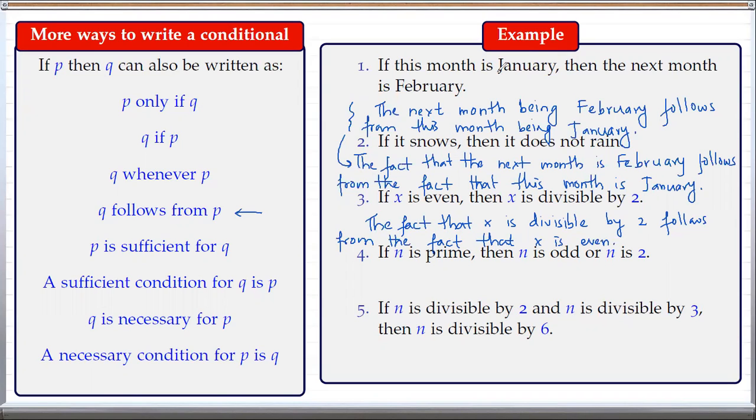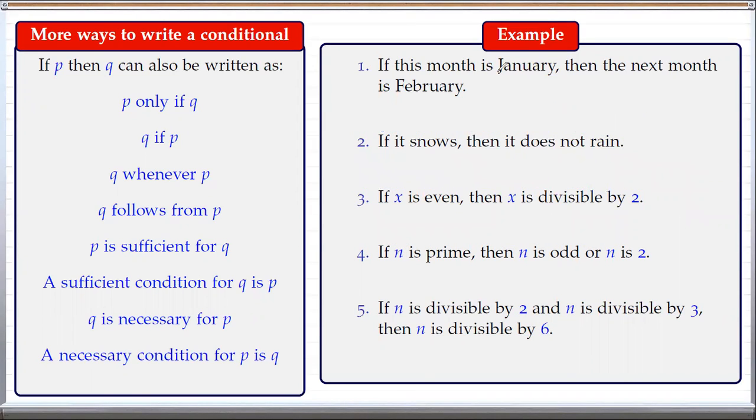Let's look at the next one now. P is sufficient for Q. So this is another format for writing the conditional if P then Q. So for example, let's look at the second statement here.